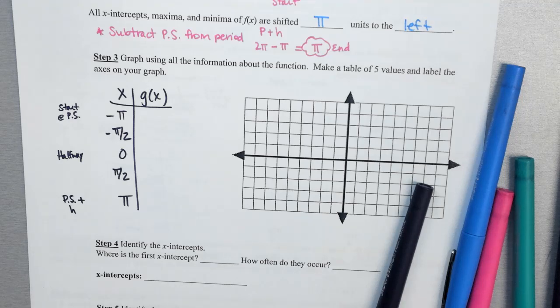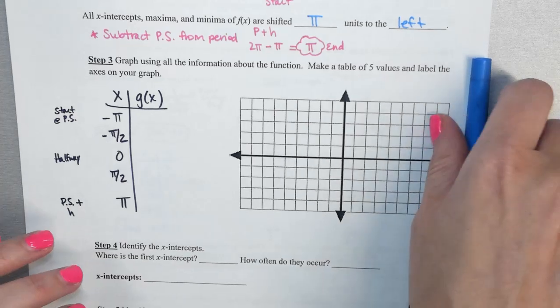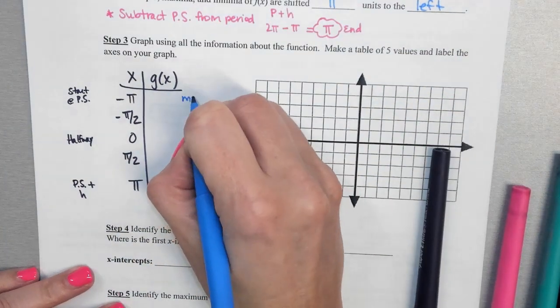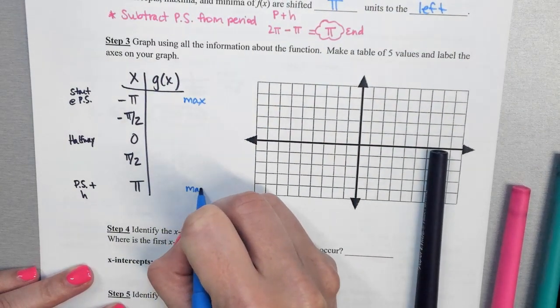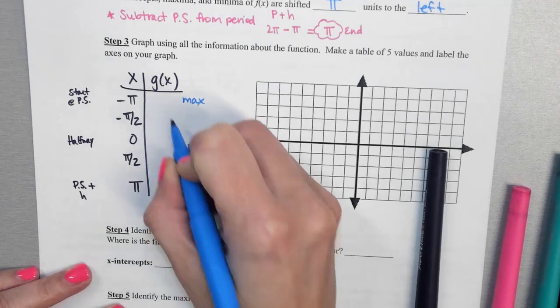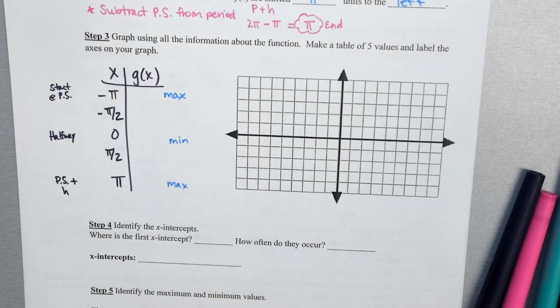Okay, so this is cosine. So remember, cosine starts at the max. Great. Okay, and it ends at the max. Halfway is the mid. So can you guys fill in that table?